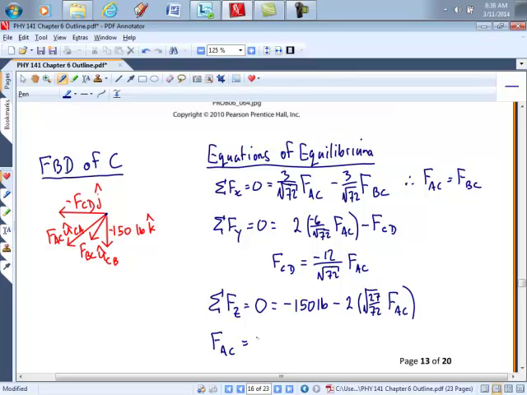And it looks like it's going to be negative 150 pounds over 2 times root 72 over 27.